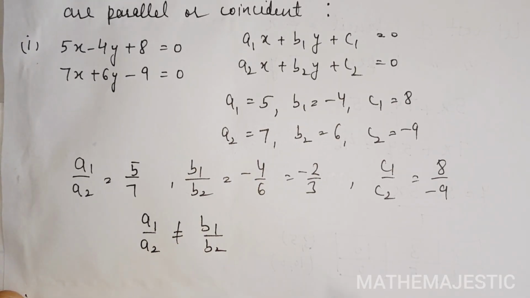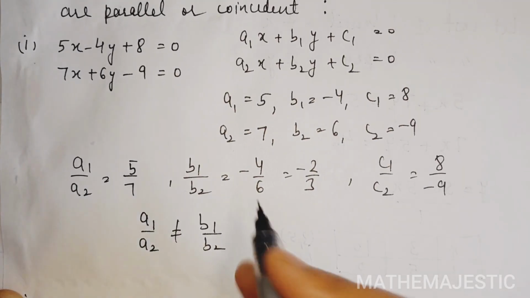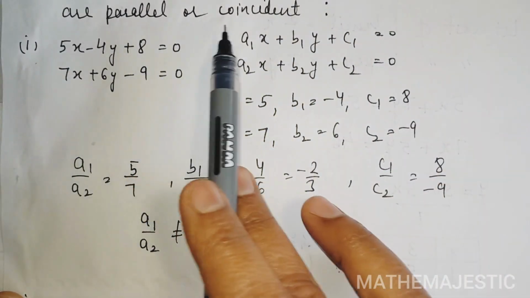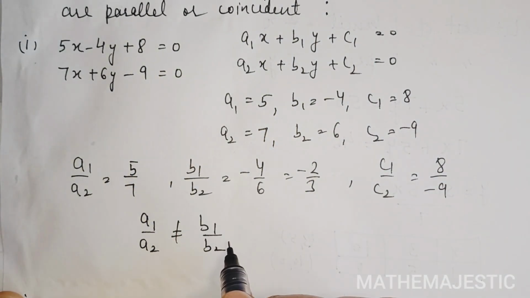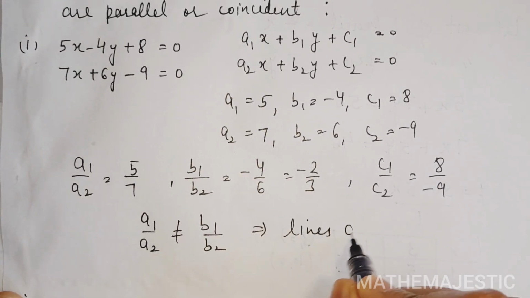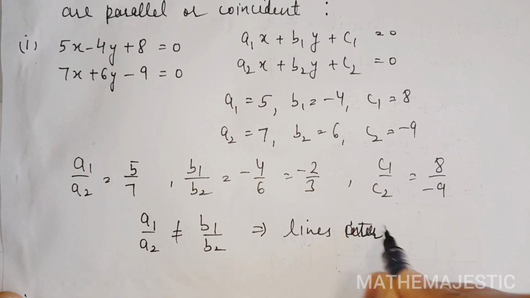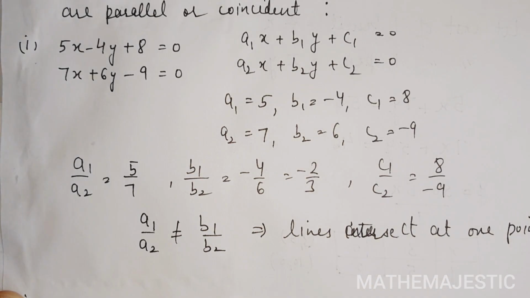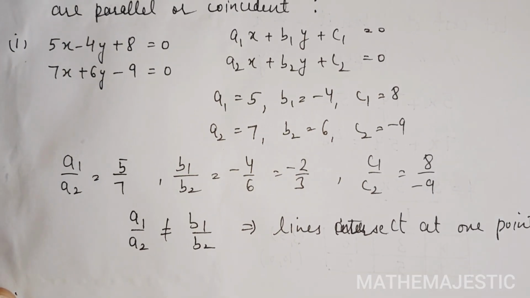They are not equal, and in that case, if the first two ratios are not equal, then we have to find out whether the lines intersect at a point, are parallel or coincident. So if both the ratios are not equal, that means the lines intersect at one point. Here we only have to tell about the lines, which type of lines they will be.